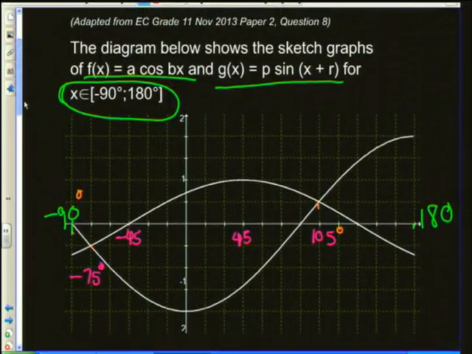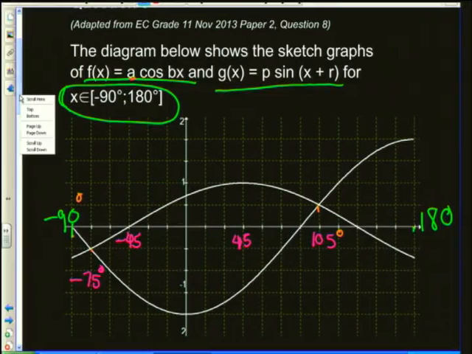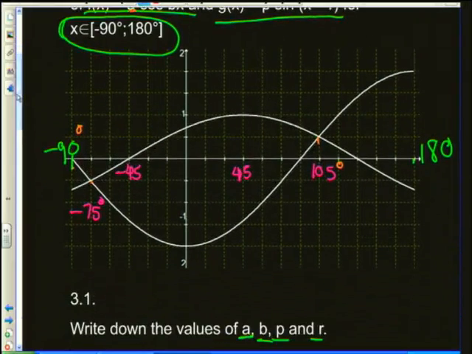All right, so let's look then at A. Where's A? It's that one there. And which of the graphs is actually equal to cos? This graph here is the F graph, and this one here is the G graph.